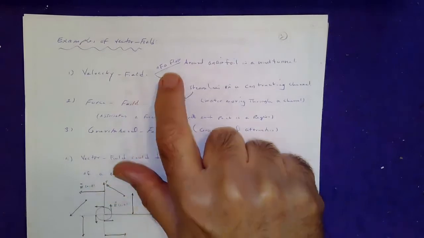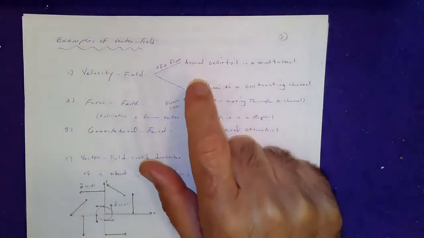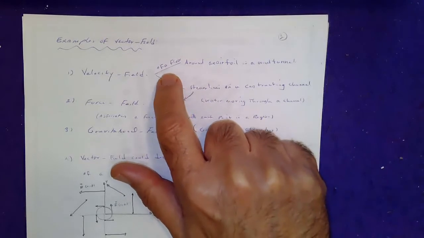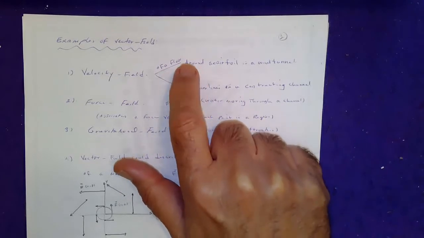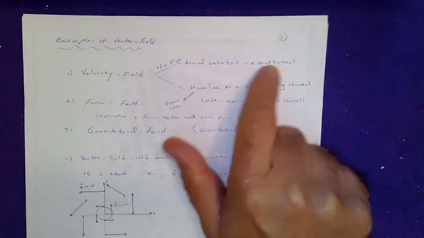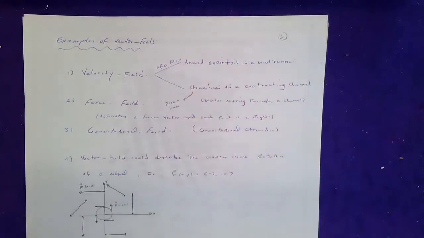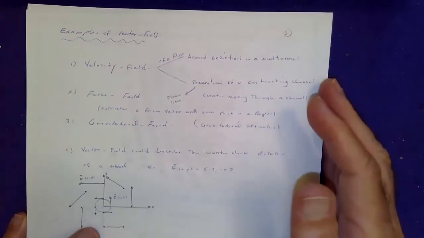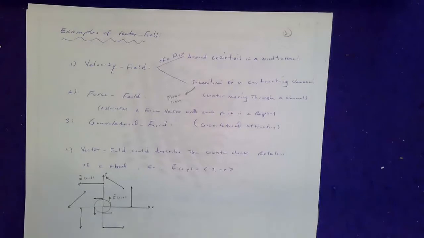For the velocity vector of a flow of a fluid, in this case a flow of air around an airfoil in a wind tunnel, this is the type of experiment aerospace engineers do in their labs.